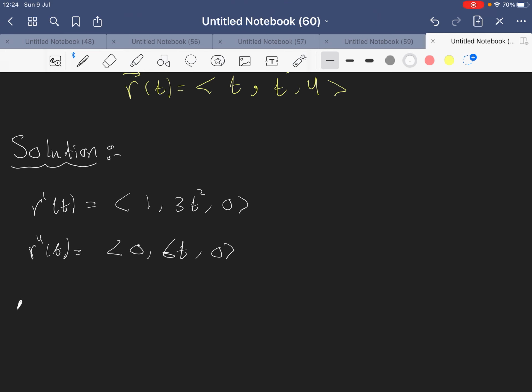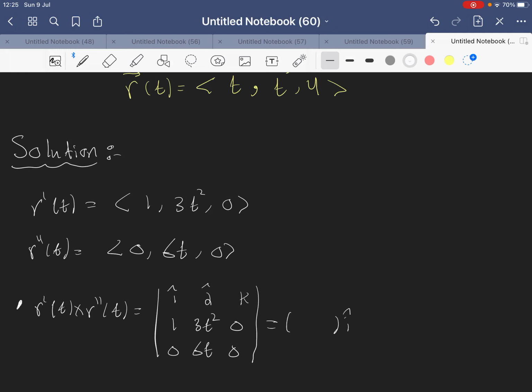We need to find the cross product, which is 1, 3t squared, 0, 0, 6t, 0. And we need just to find i, j, and k.